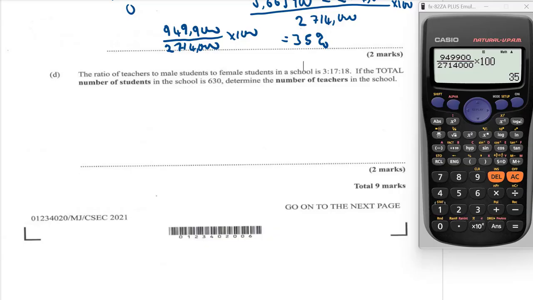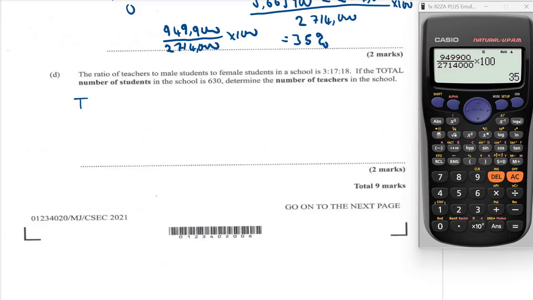The ratio of teachers to male students to female students in a school is 3 to 17 to 18. If the total number of students in the school is 630, determine the number of teachers in the school.